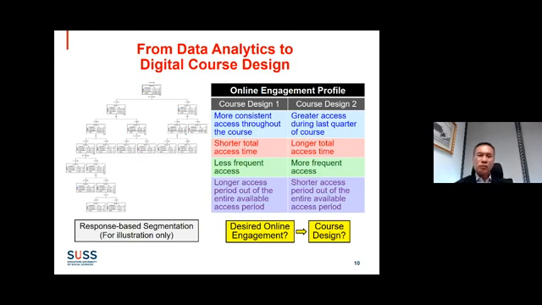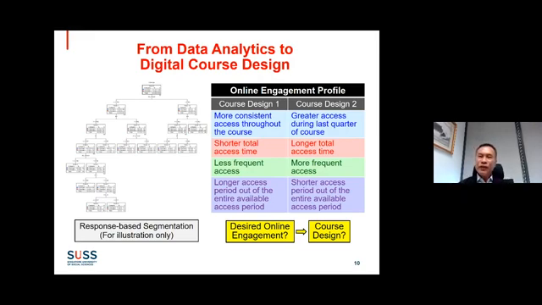Right? Now, after deriving these findings, the question is not which is right and which is wrong. Rather, the question is, now we have two different course designs. We know from the data, and from the data mining of the data, what kind of online engagement behavior or profile is associated with the course design.